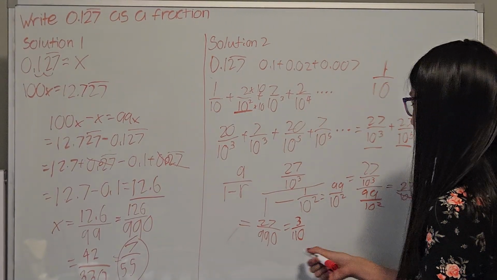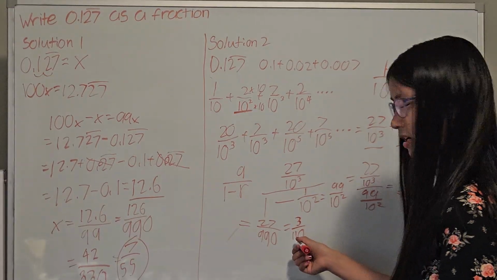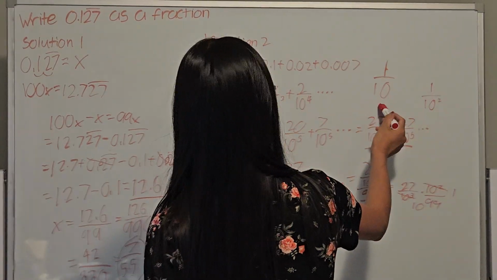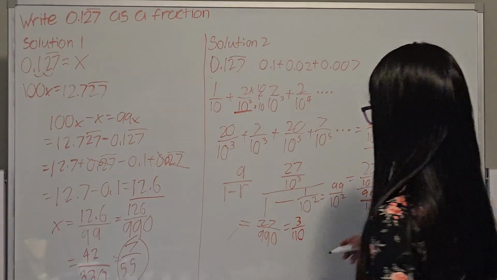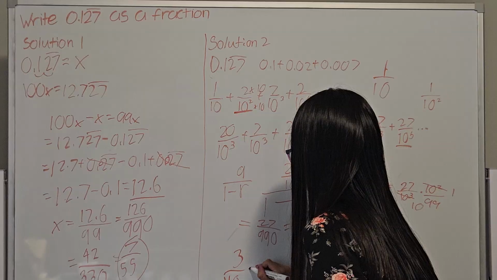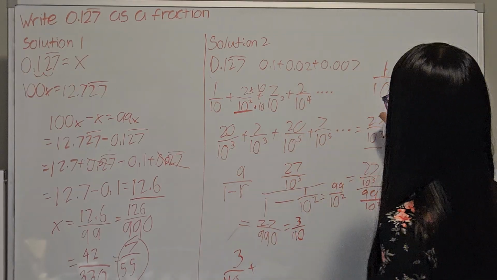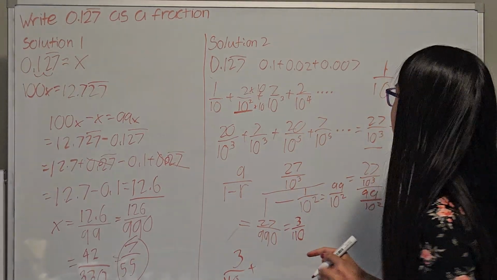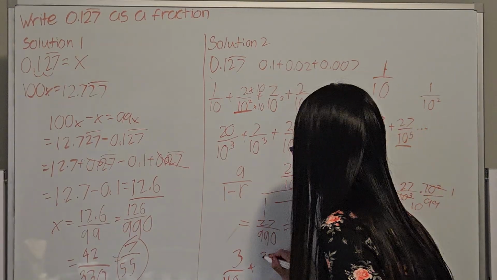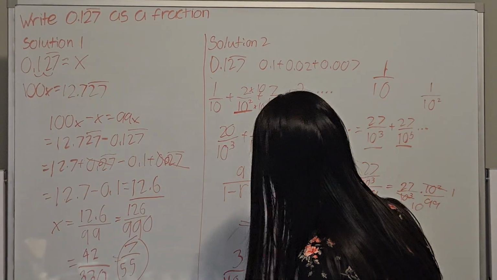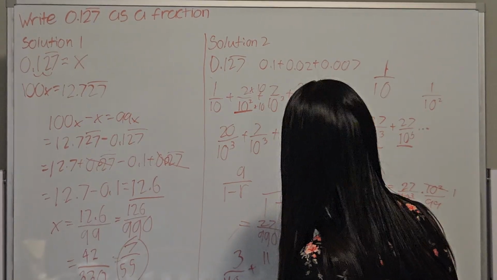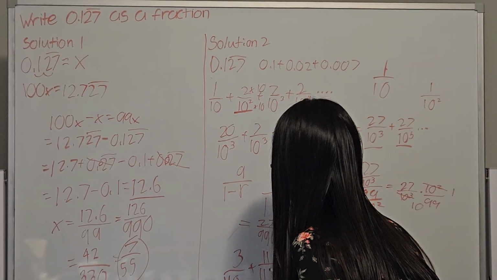So we have the answer right here, but we're not done yet. We need to add the leftover, which is 1 over 10. So we have 3 over 110 plus, we turn the denominator into the same by timesing the top and the bottom by 11, which gives 11 over 110.